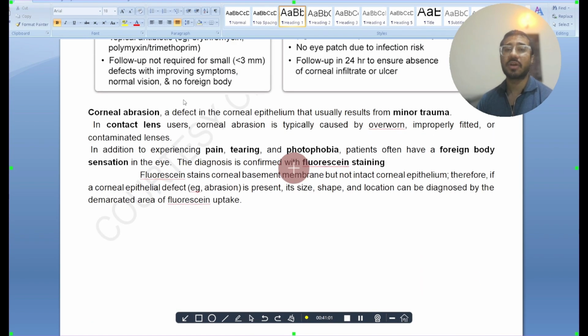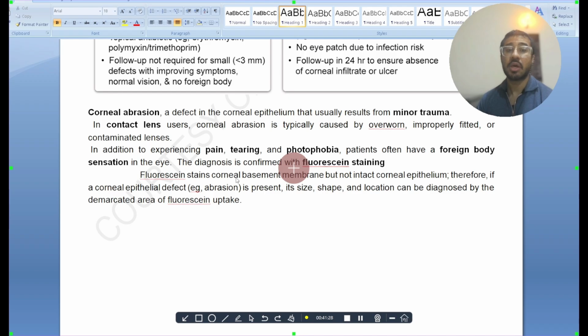Corneal abrasion is a defect in the corneal epithelium that usually results from minor trauma in a contact lens user. It is typically caused by overworn, improperly fitted, or contaminated lenses. In addition to experiencing pain, tearing, and photophobia, patients also have a foreign body sensation in the eyes. The diagnosis is confirmed with fluorescein staining, which tells you the area, location, size, and shape of the corneal defect.